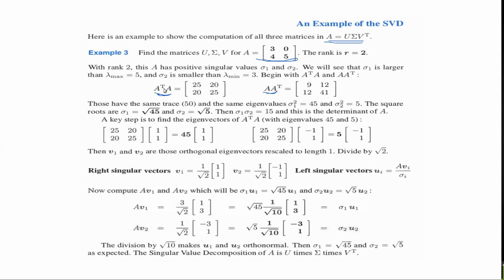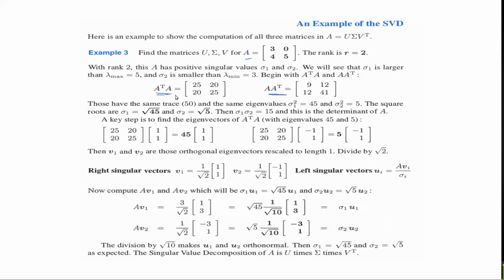We see that this matrix is symmetric: if we find the transpose of the whole thing, it is the same. And this one is also symmetric. In the case where A is rectangular, these matrices are square anyway. In this case, it's simple because A is also square.